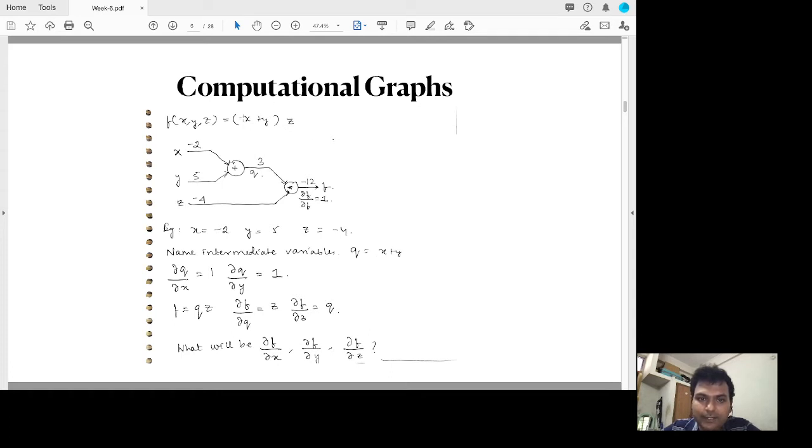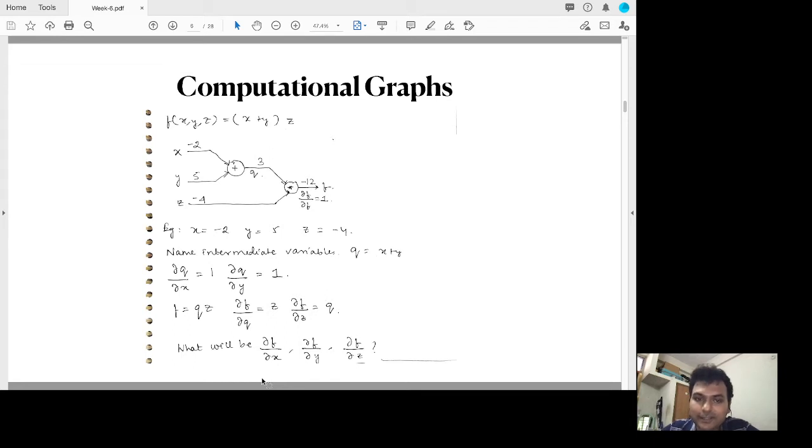So df by dx is equal to df by dq into dq by dx. Correct. So what is this particular rule called, what you said? You applied some rule. Chain rule. Correct. So that is the chain rule that we are talking about.